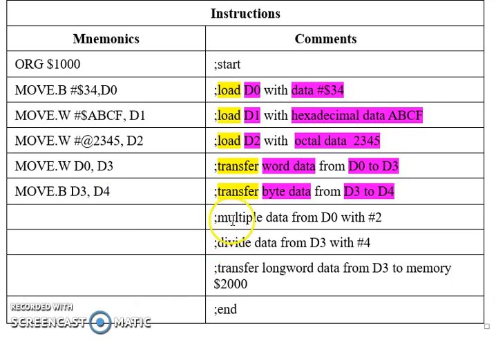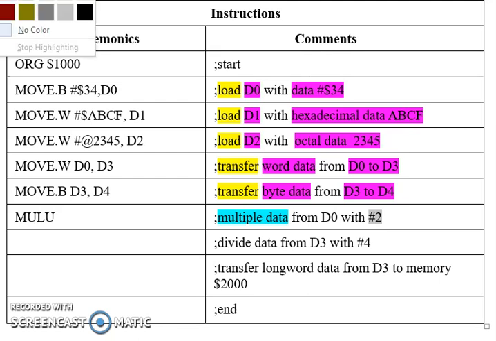Let's move on to the 7th line. For the 7th line, we use multiply data. Remember, for multiply we use MULU, M-U-L-U. MULU doesn't have .b, .w or .l, so we don't need the size suffix. Multiply data from D0 with 2. This is in the form of decimal.